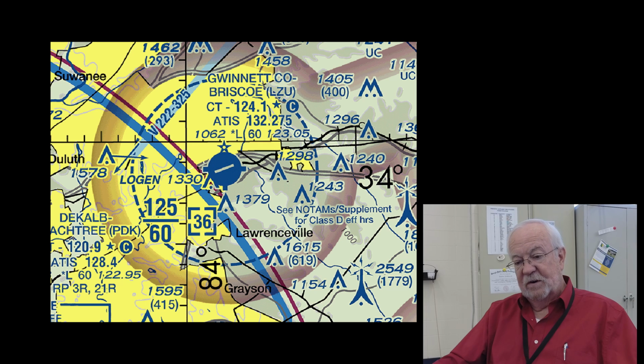Looking at the chart there, you see the 12,506. No, that's the Atlanta section. Then the little box with the 36 in it is saying that within this Class D airspace around Briscoe Airport, it's from the surface up to 3,600 feet, including 3,600 feet. That's controlled airspace.